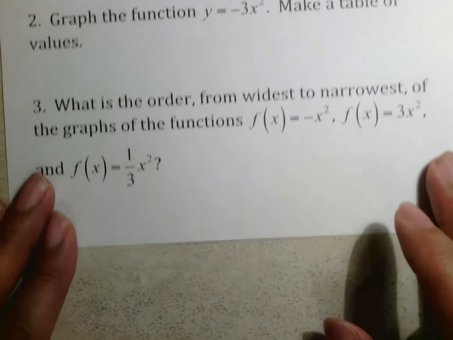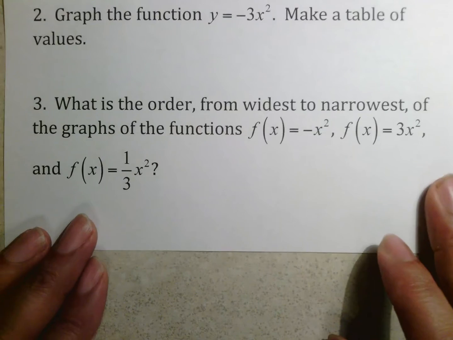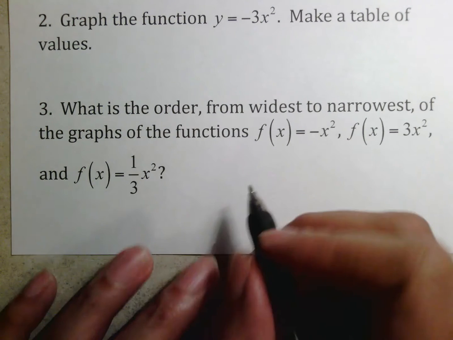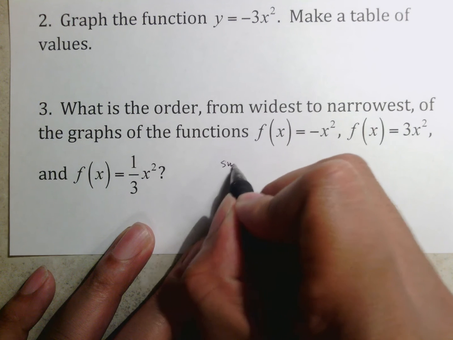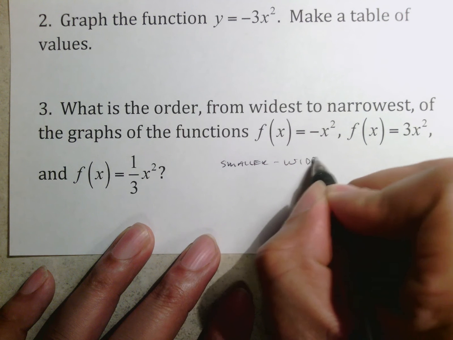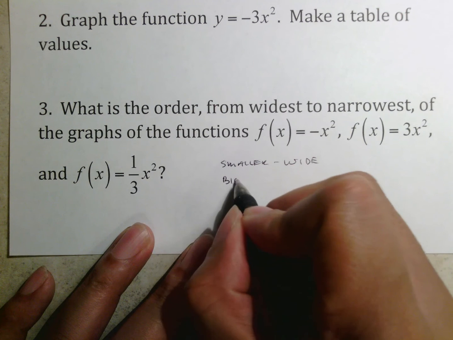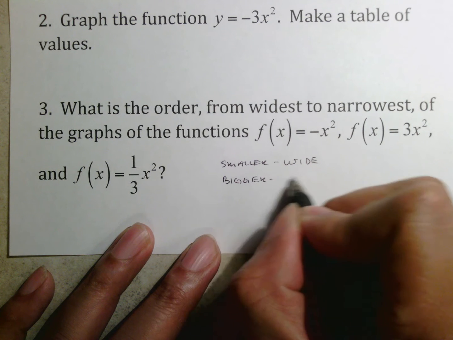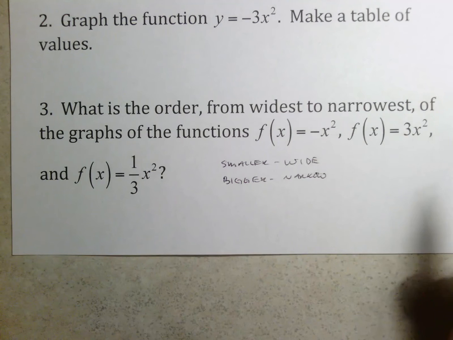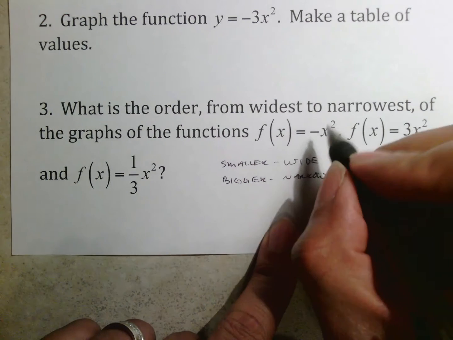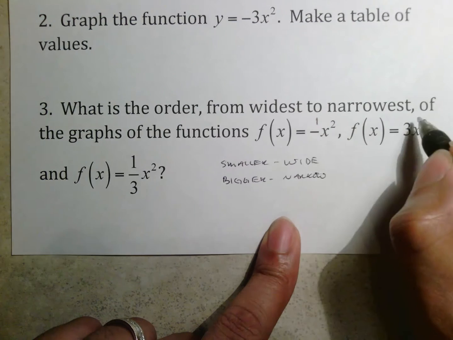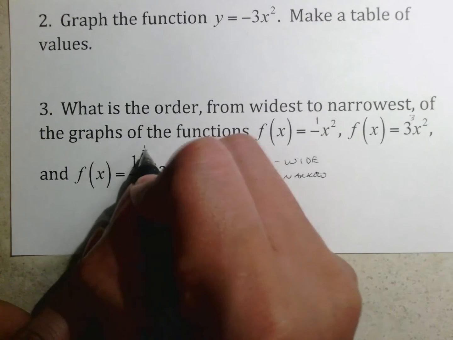Then when it asks you number 3, from widest to narrowest, the easiest way to do this is to remember what I told you in terms of the pattern that we found out, which is that the smaller number is wide and that the bigger number is narrow. And we can ignore the signs in this case if you remember from before. So you're looking at a 1 here, because even though it's negative, I'm just going to use a positive 1, a 3 here, and a 1/3 there.